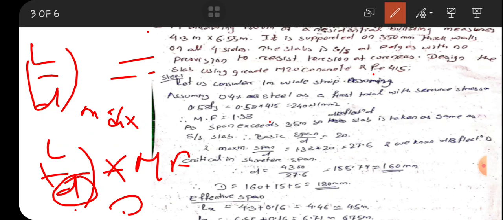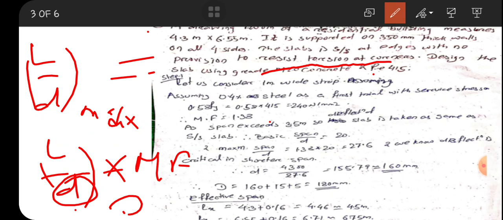Design this slab for that is given. It is supported on a 350 mm thick wall, supported on all four sides. The slab is simply supported at edges with no provision to resist torsion at corners. No provision to resist torsion at corners, that means it will act as an unrestrained slab.